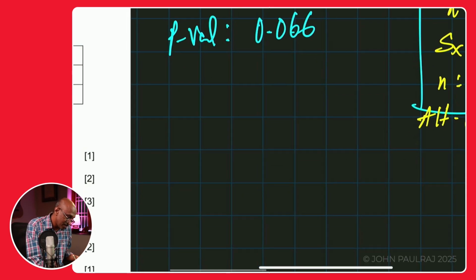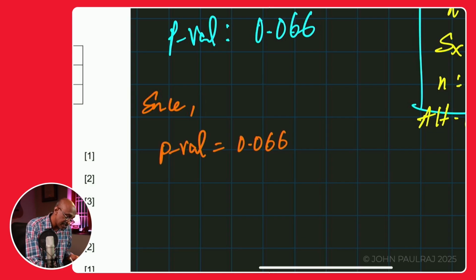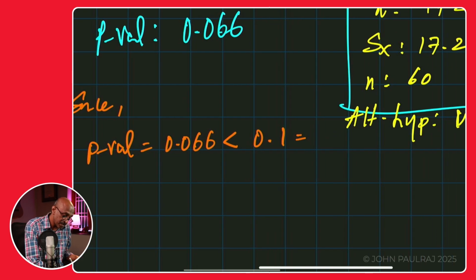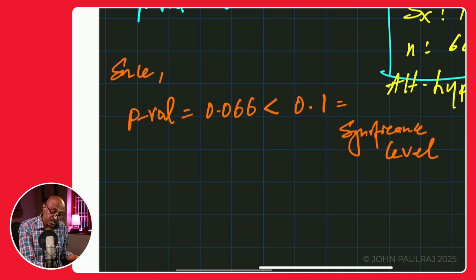So we can say since p-value equals 0.066 is less than 0.1, this is your significance level. So it's not 5%, it's 10% this time, right?